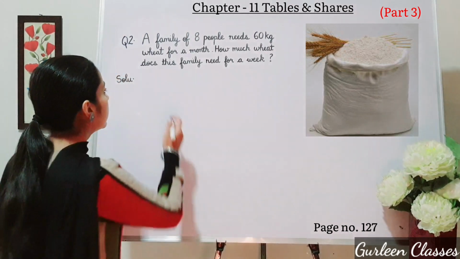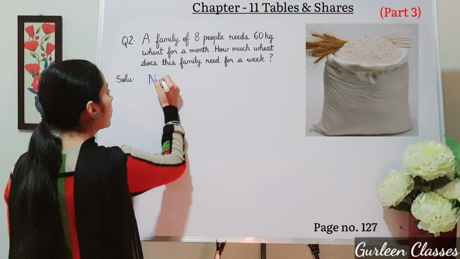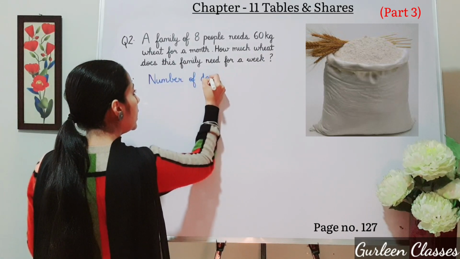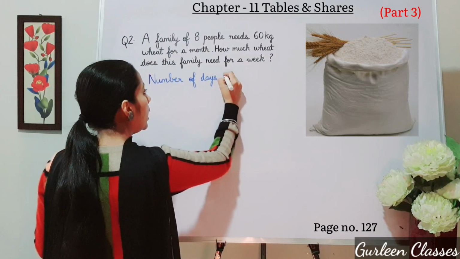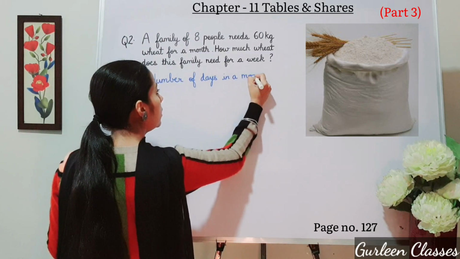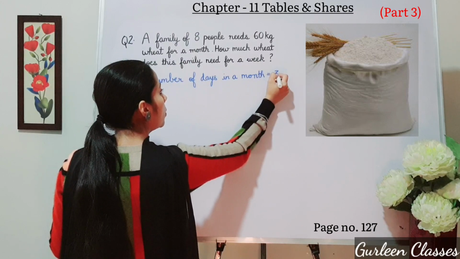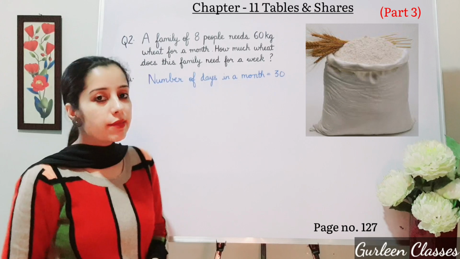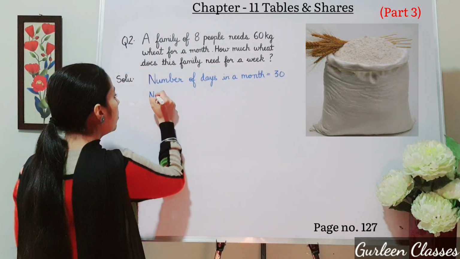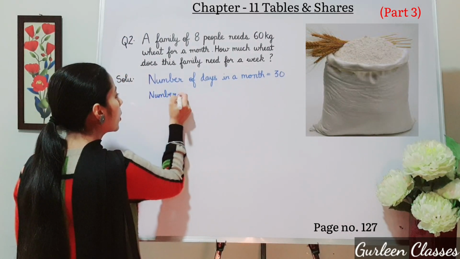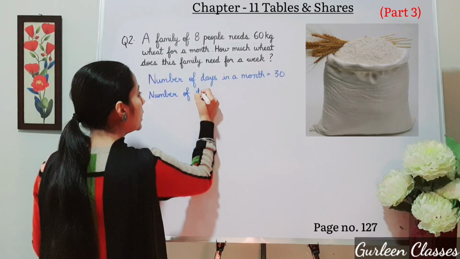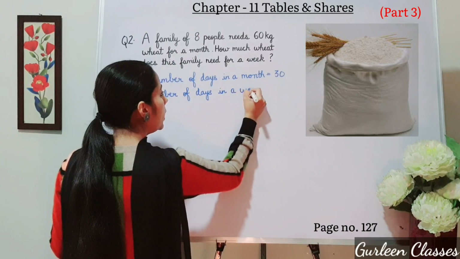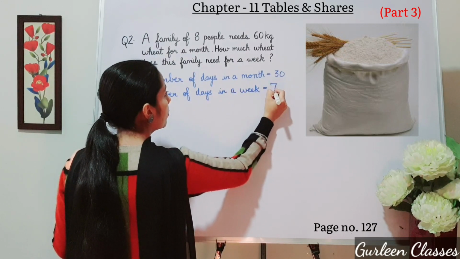So let us write here number of days in a month is equal to 30. And number of days in a week is equal to 7. So write here number of days in a week is equal to 7.